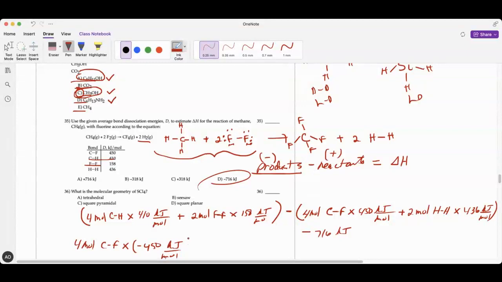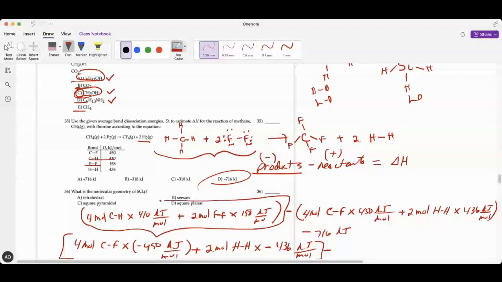And then I would have plus 2 moles of the hydrogen bonds times a negative 436 kilojoules per mole. So I'm going to put this in brackets, and I would subtract from that the reactants.